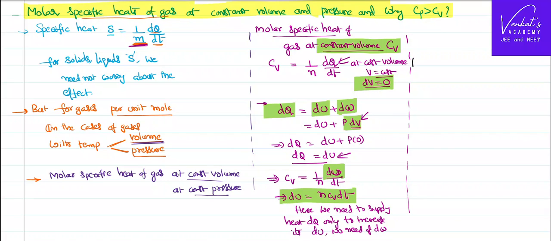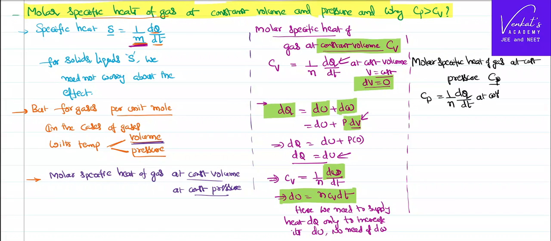Now let's talk about the other part, which is molar specific heat of gas at constant pressure. It is called Cp. So Cp is defined as the amount of heat required to raise the temperature of unit mole of gas by 1 degree centigrade at constant pressure.